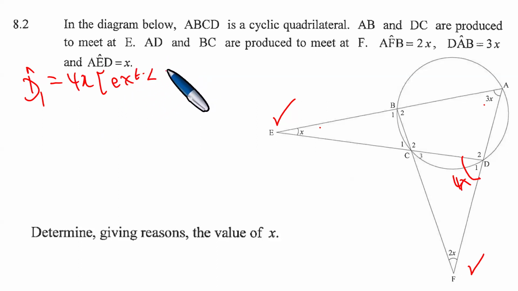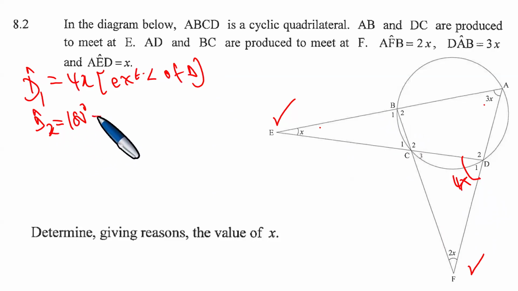Exterior angle of a triangle. Then the angle D2 is 180 degrees minus 4x.